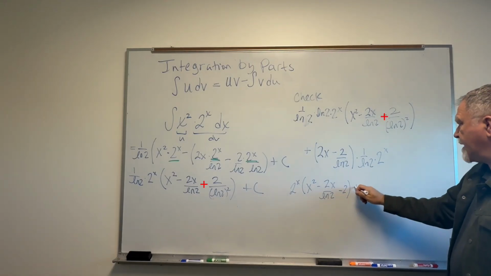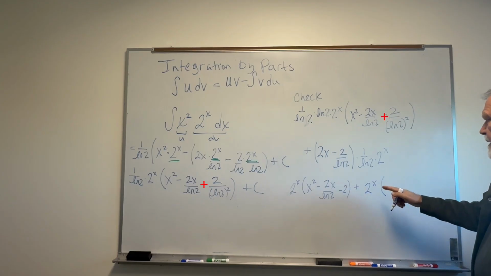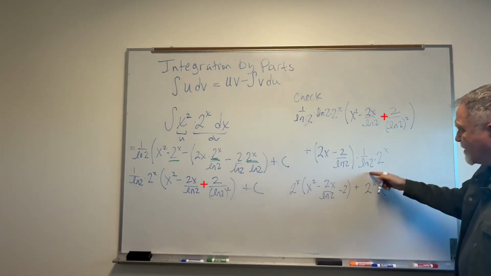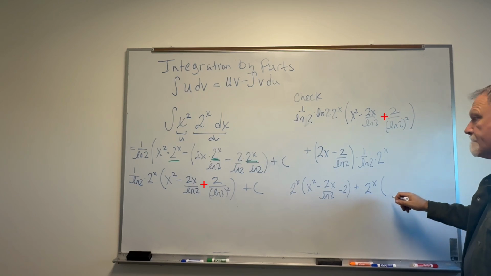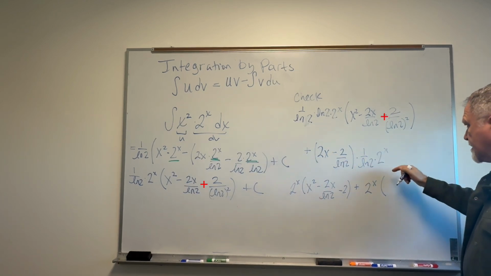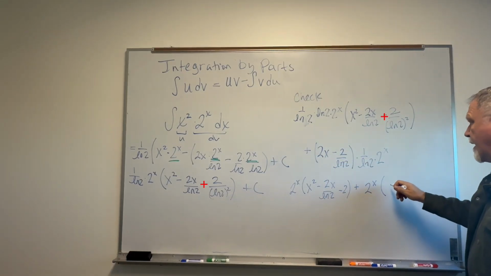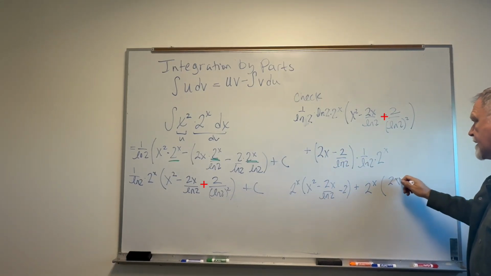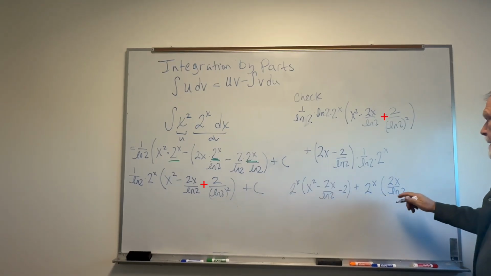So I'm going to just make note of that here. This is 2 to the x. Let me go ahead and bring this 1 over natural log of 2 inside there. When I bring this 1 over natural log of 2 inside and multiply it there, I've got 2x all over natural log of 2.